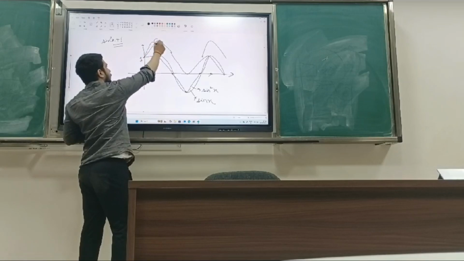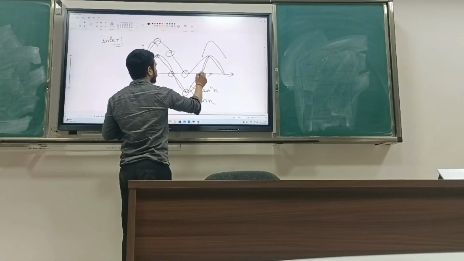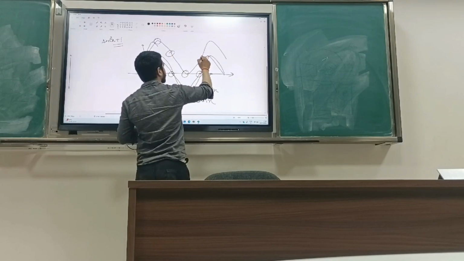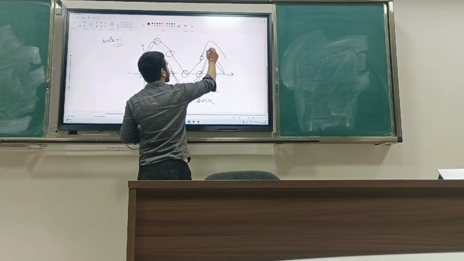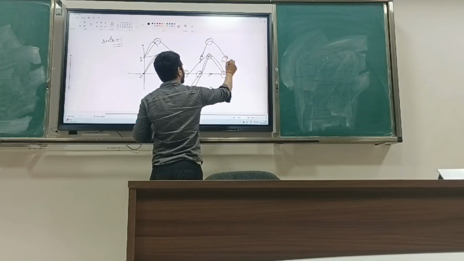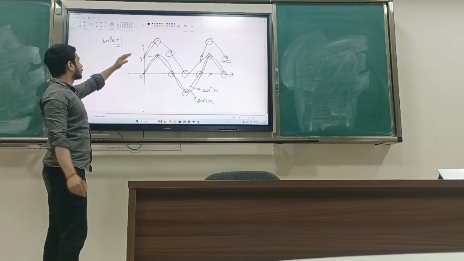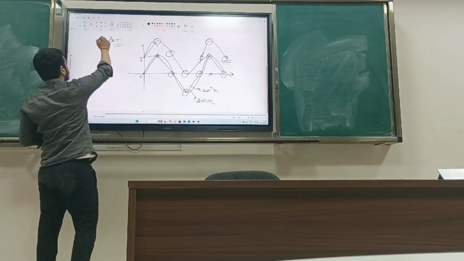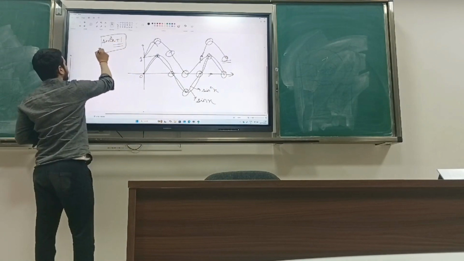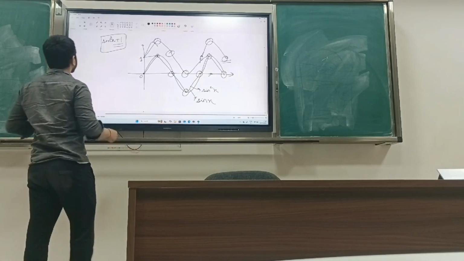This point will be shifted to here plus 1, and this one to here plus 1, like this. Okay, so like this the plus 1 shifting will be there, and the graph of sin square x plus 1 we can easily get.